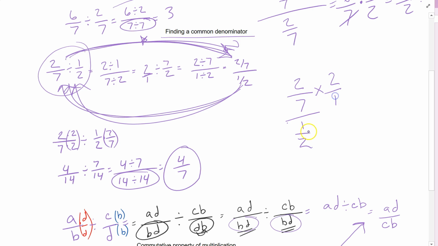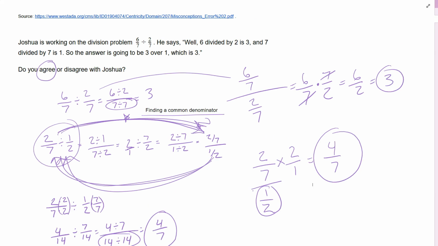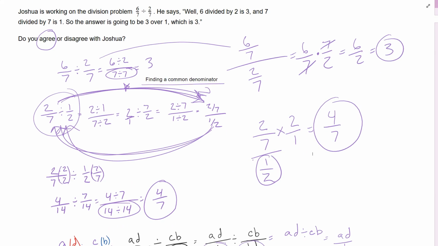You could then flip the bottom and multiply, and you would end up with 4/7, which would be the same answer as you would get using Joshua's method with the common denominator. So Joshua is absolutely right. He would have to do a little bit more work to get the answer in a case when you don't have a common denominator.